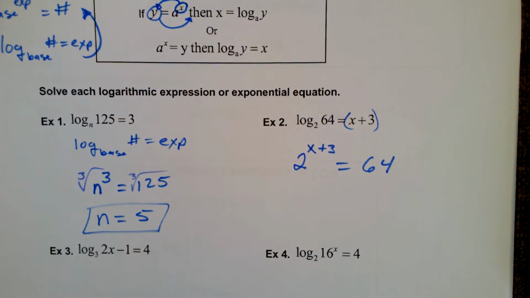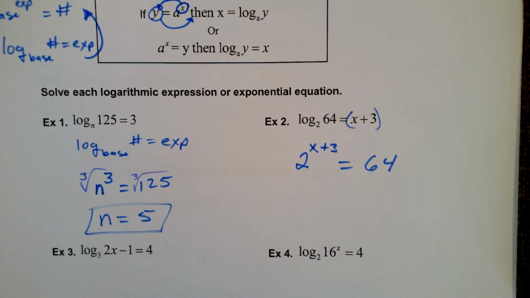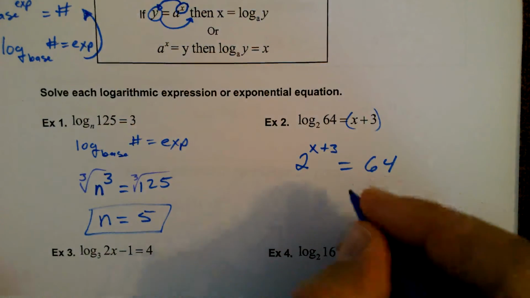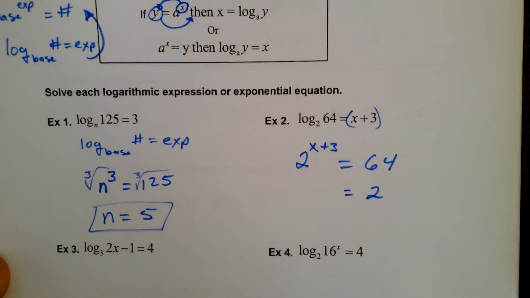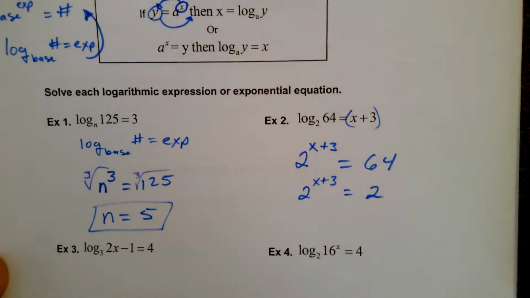Now, from chapter 5.3, we talked about how to solve an exponential like this. You guys have ideas? How can I solve this guy now? I have 2 to the x plus 3 equals 64. What do I do? 64 is 2 to some power. Yeah, so 2 to a power. So I'm trying to get my bases to be the same.